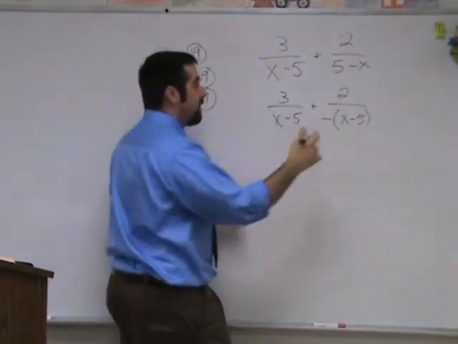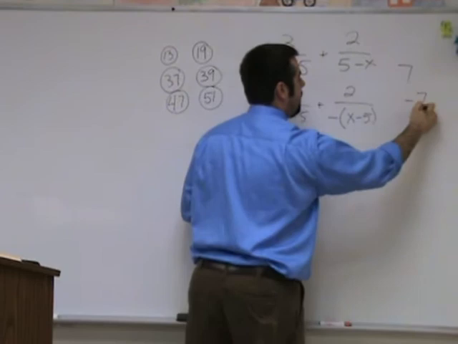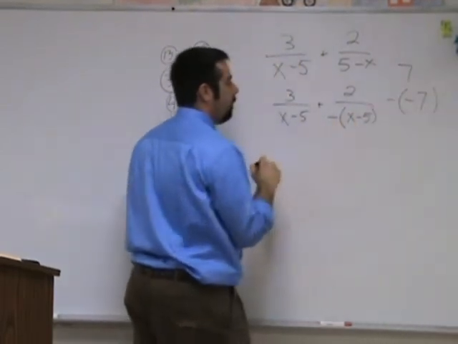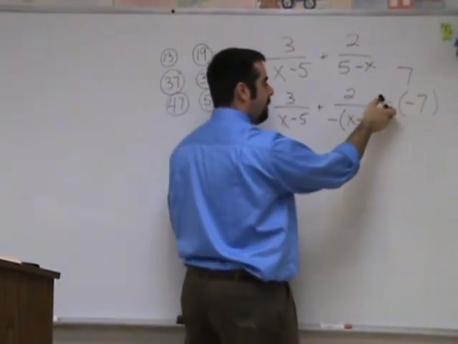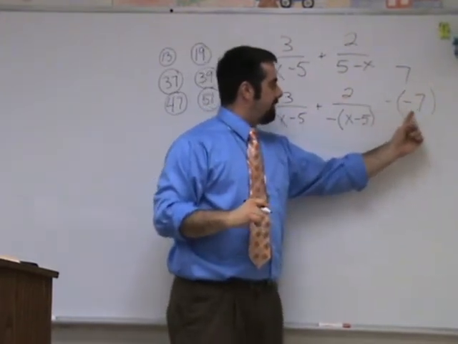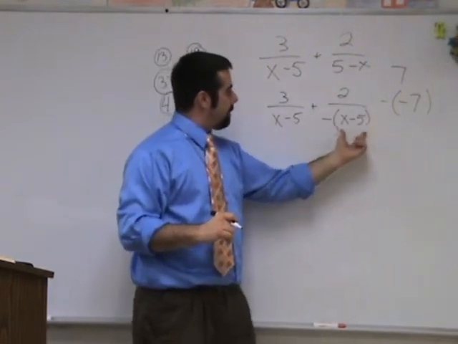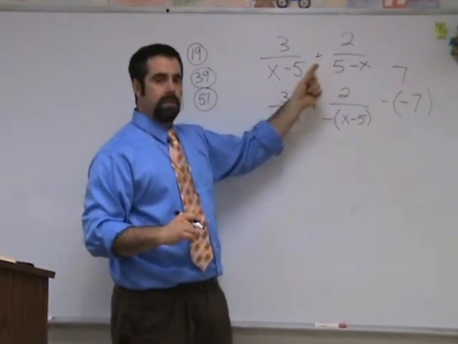If that's confusing, think about this. 7 is related to negative 7 with an opposite. If I take the opposite of the opposite, I get the original number. So the opposite of negative 7 is positive 7. Here, the opposite of the opposite is my original. Okay?